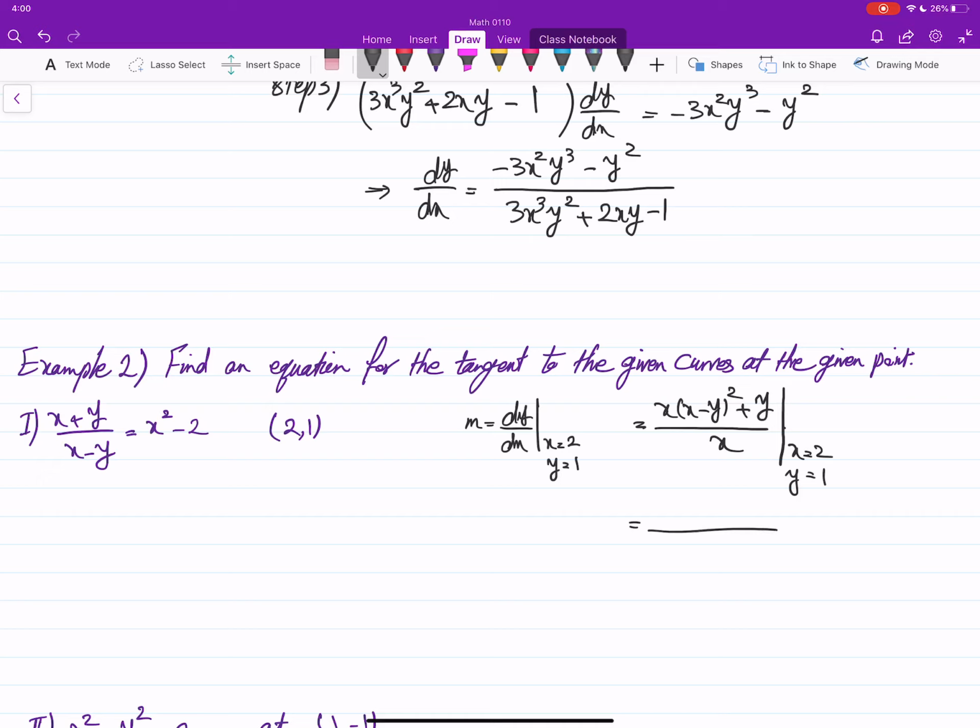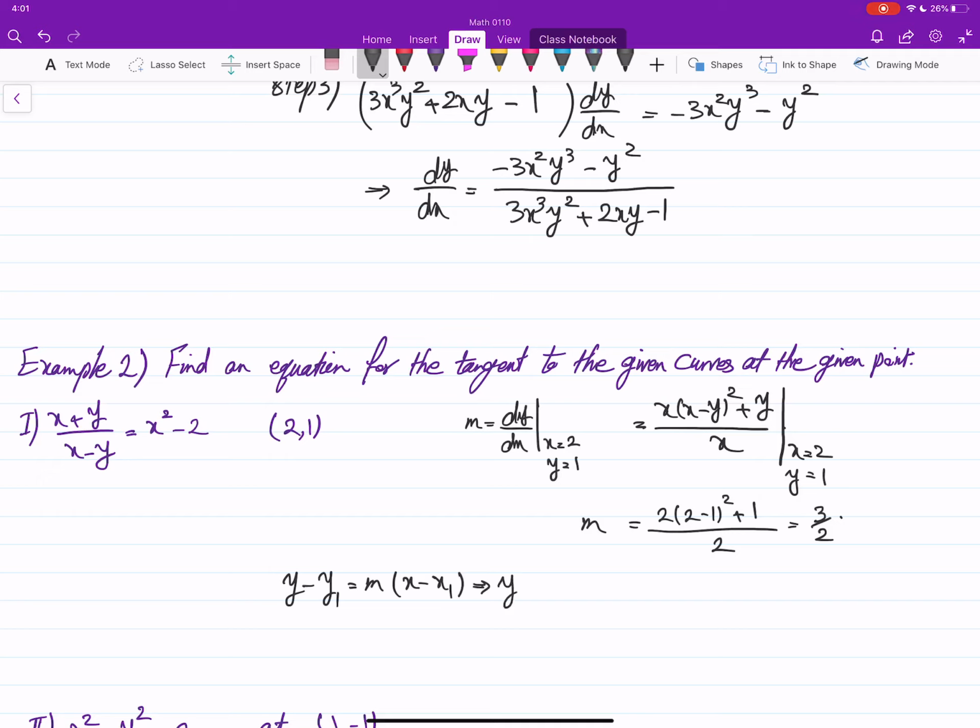Then we have 2 times (2 minus 1) squared plus 1, over 2. That will give us 2 plus 1, 3 over 2. The slope is 3 over 2. The point is (2, 1). So y minus y1 equals m times (x minus x1).